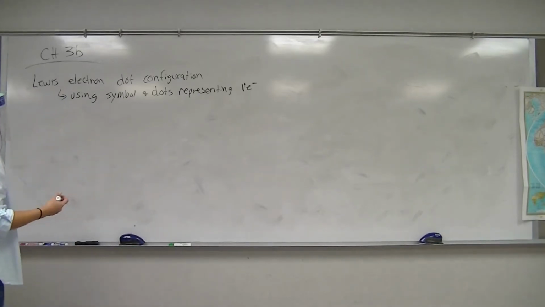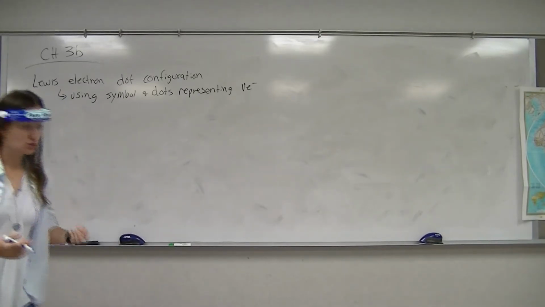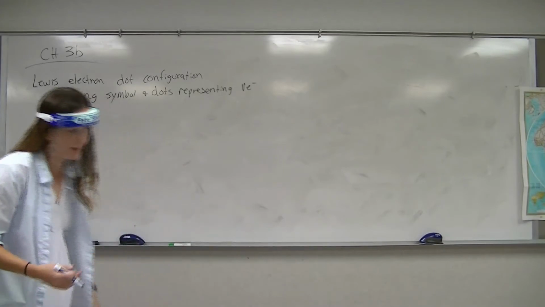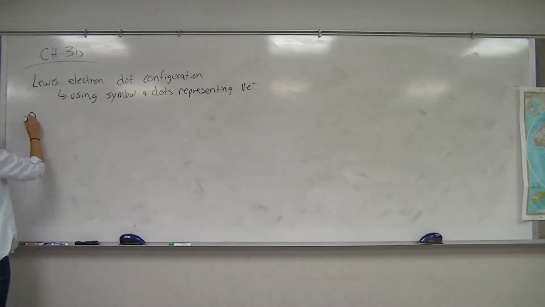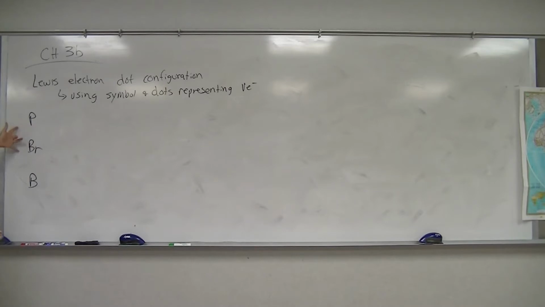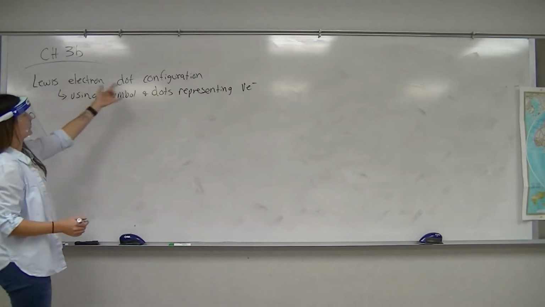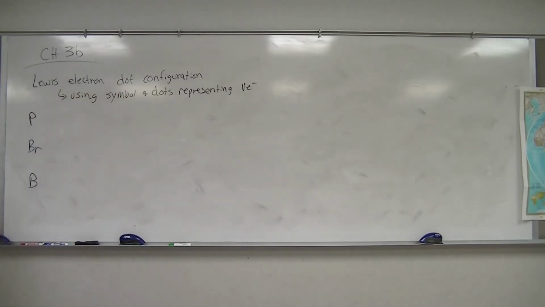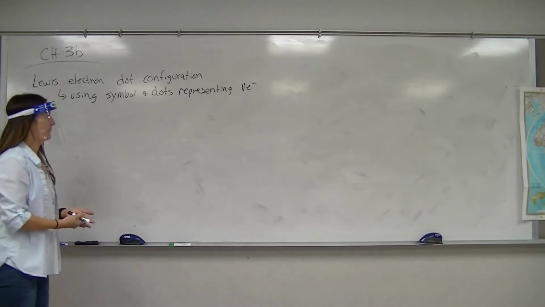So let's just do some examples of it. So what do I have? Phosphorus, bromine, boron. So these are just the elements' symbols themselves. So if I wanted to represent these as Lewis electron dot configurations, what I would do is look at the periodic table, so starting with phosphorus, and based off where phosphorus is, how many valence electrons does it have? 5.